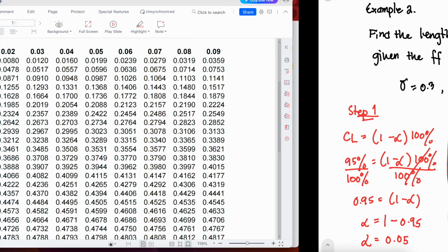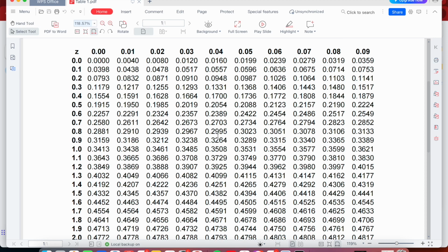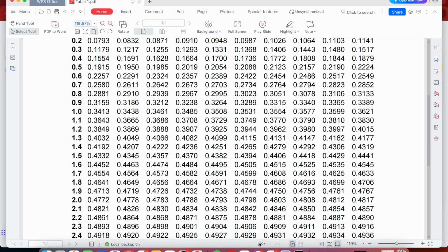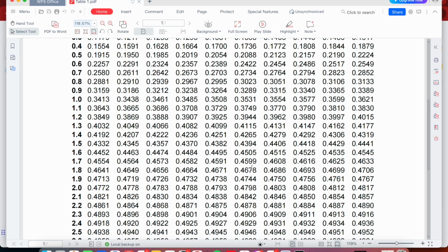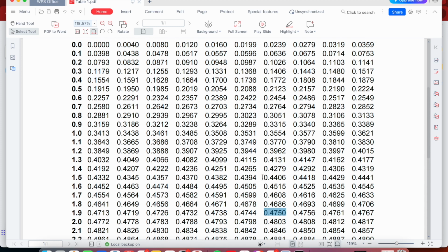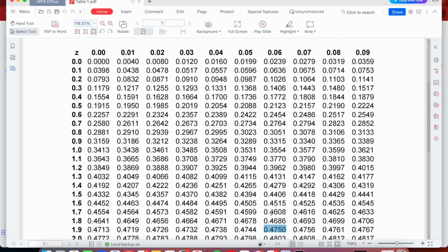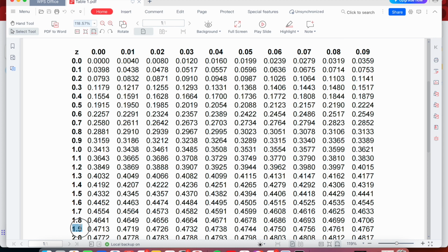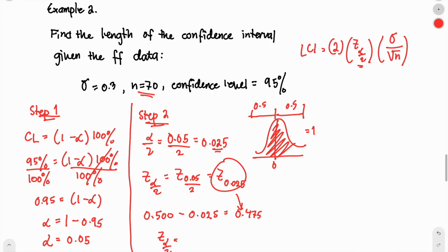Let's look for 0.475, or its closest value. This is exactly 0.4750. So this is 1.96.